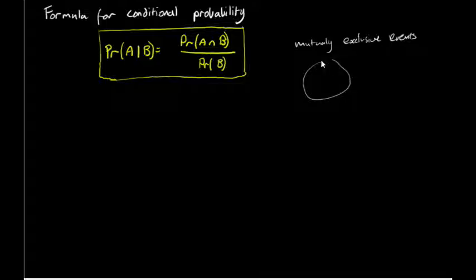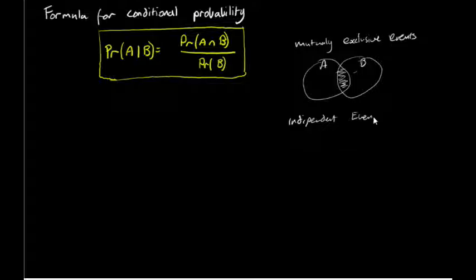Okay, so talking about the Venn diagram, it's when we have this intersection in here for A and B. So A given B is A and B, this one, over the probability of B, which is obviously that big circle.